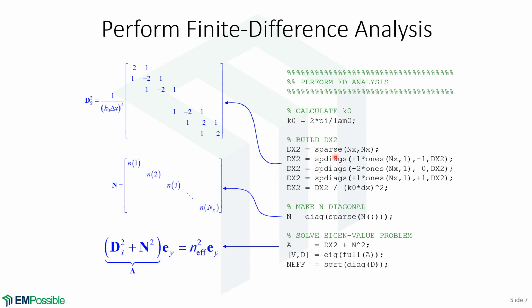Now we're using the spdiags command, so sparse diagonals. This is the command in MATLAB that we can insert diagonals into matrices. And it has 3 input arguments here. This last input argument is the matrix that we want to insert diagonals into, and we're trying to build this dx2, so we keep giving it dx2. The second input argument is which diagonal we're inserting into.